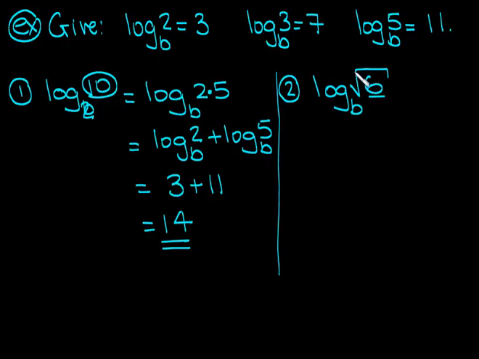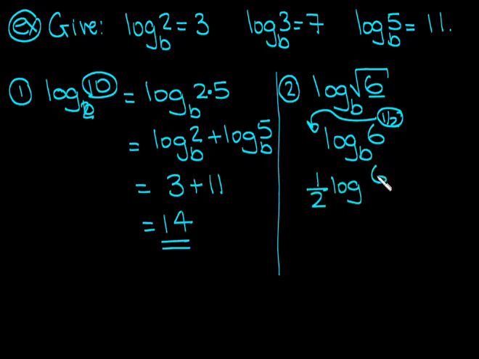But before I do that, let's take care of the radical, because one of the things I can do with a radical is write it as an exponent. And there was a nice property of logs that lets us take this exponent and bring it in the front. So let's do that. I get half log of 6 base b.